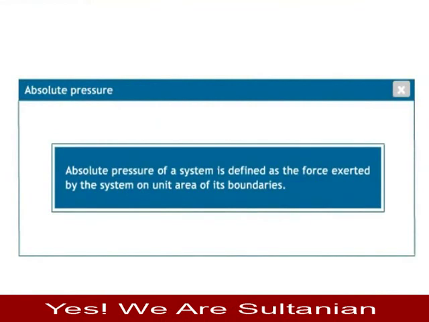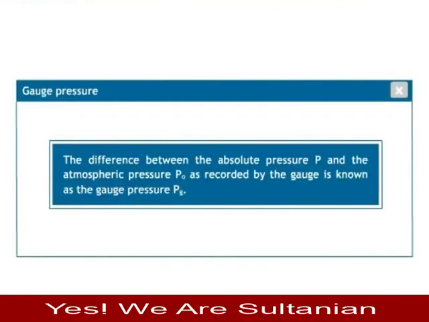Absolute pressure of a system is defined as the force exerted by the system on unit area of its boundaries. The difference between the absolute pressure P and the atmospheric pressure P0, as recorded by the gauge, is known as the gauge pressure PG.